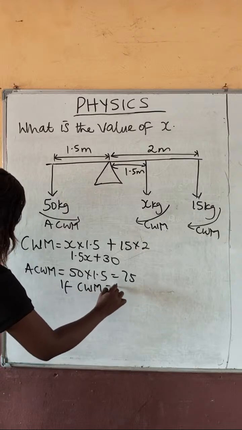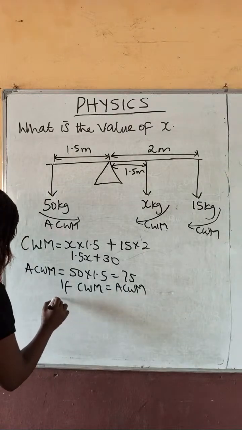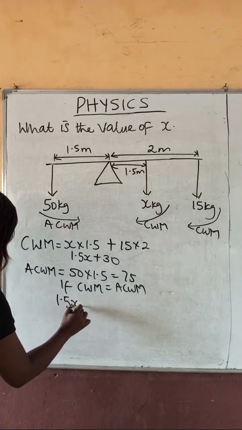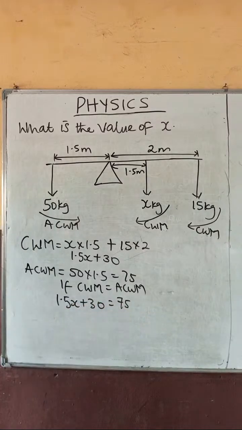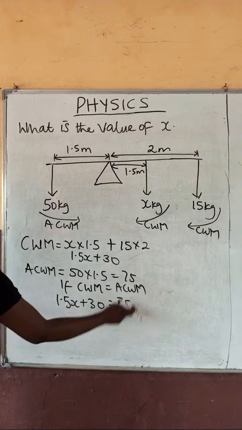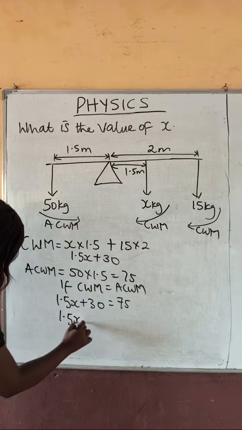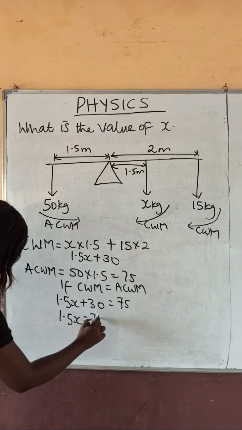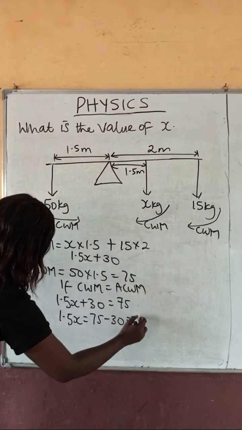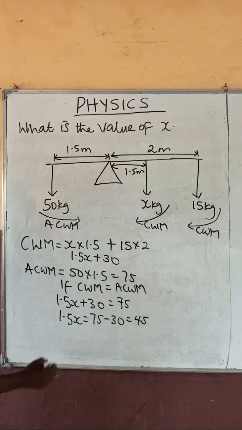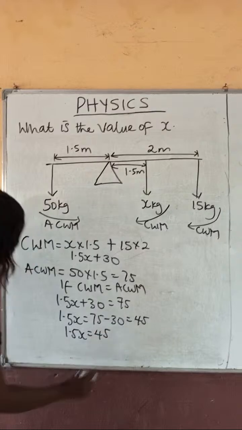Now, clockwise moment is equal to what? Anti-clockwise moment. That is 1.5x plus 30 is equal to 75, right? Then I'll carry this to the other side. Then I have 1.5x equals 75 minus 30. That will give me 45, right? 1.5x is equal to 45.